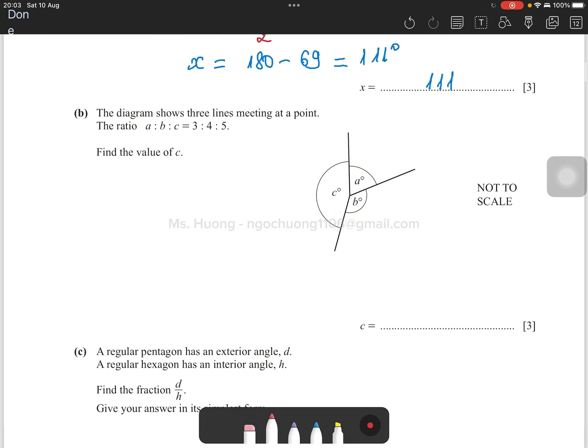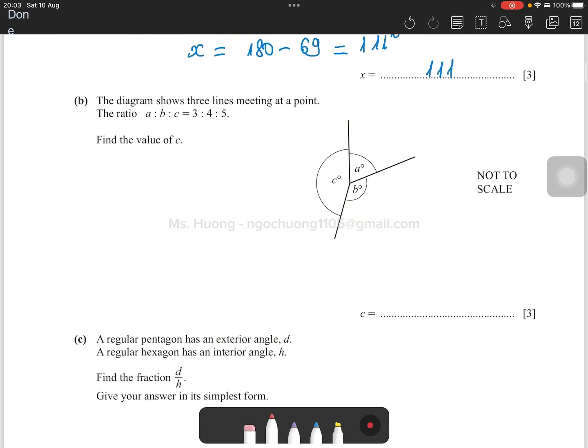B. The diagram shows three lines meeting at a point. The ratio of A to B to C is 3 to 4 to 5. A is 3 units, B is 4 units, and C is 5 units. So we need to find the value of C. First of all, we know that the sum of the angles around a point is 360 degrees.